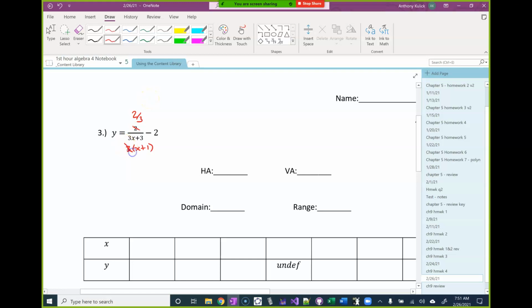And that'll get the 3 out of the denominator and into the numerator. And at that point, I can see the h is -1 and the k is -2. Alternatively, if you tried to get into form denominator with the -2 and then added the fractions, that would work also. You'd end up with the same result, or the same values for your vertical or horizontal asymptote. But that's the trick for that one.